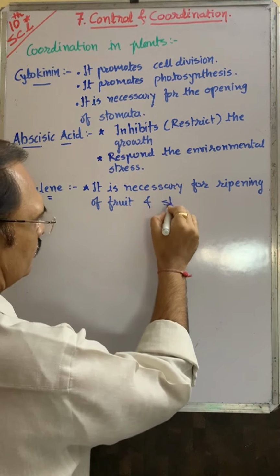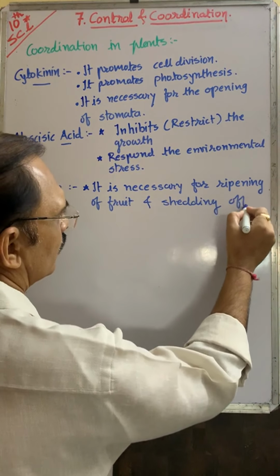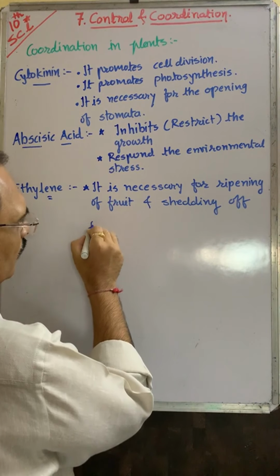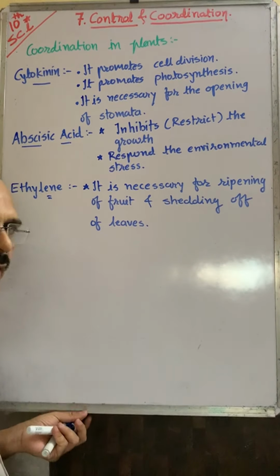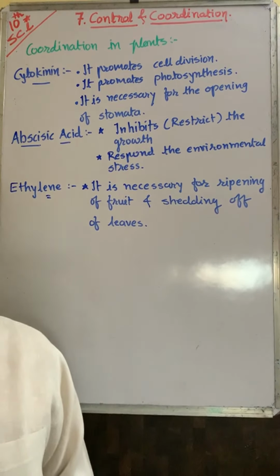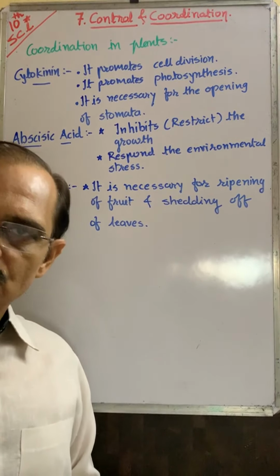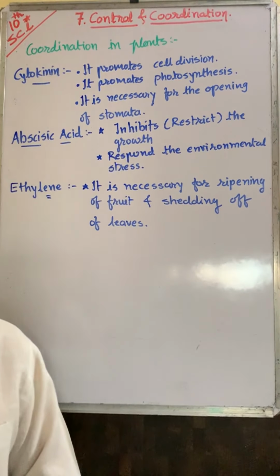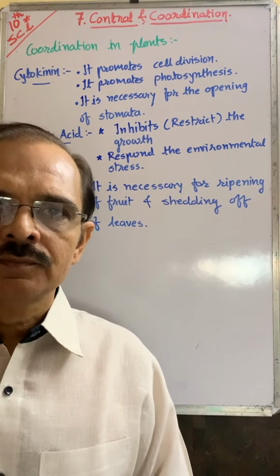So ethylene is necessary for ripening of fruit and shedding of leaves. Okay, so these are the hormones. A question may be asked, just write a short note on plant hormone, write a short note on phytohormones.